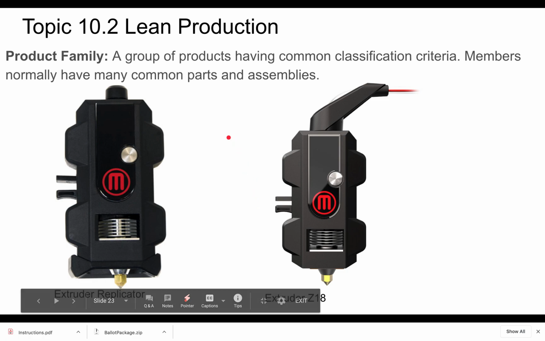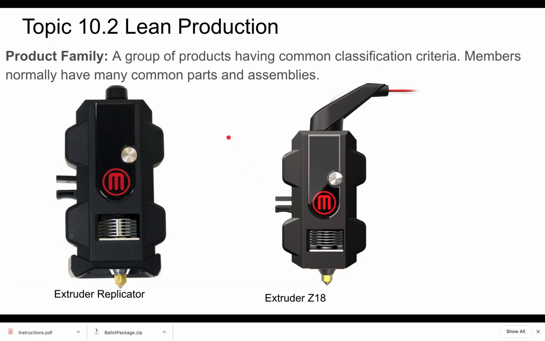One way that you can actually improve processes is by having a group of products that have similar criteria, a product family, right? Some members normally have the same common parts in assembly, and this is a good example of that. These are some printer cores for the extruders for the MakerBots that we have in the Design Hub.